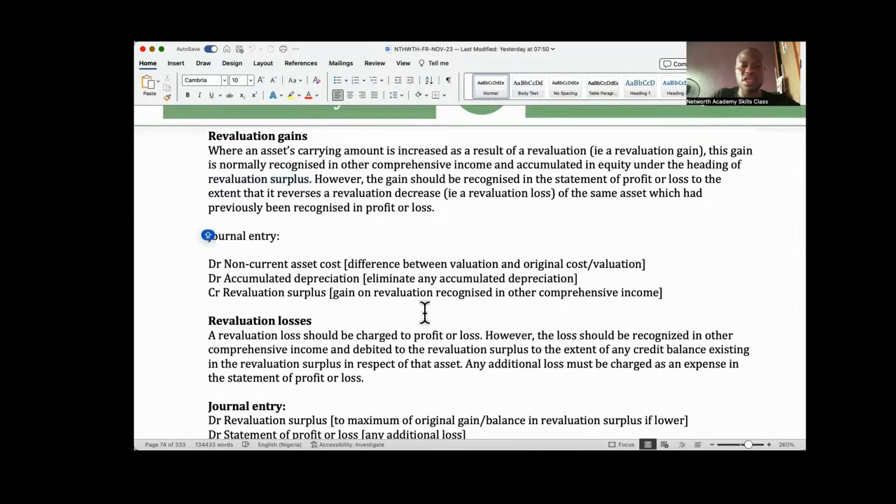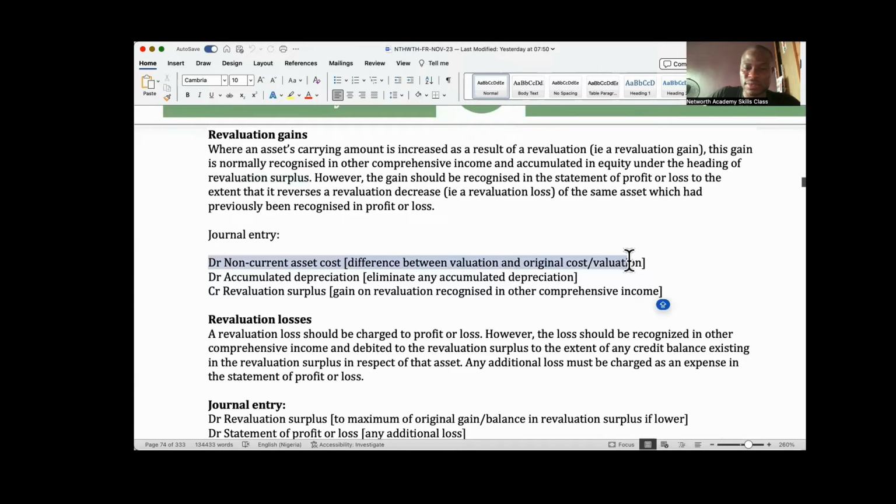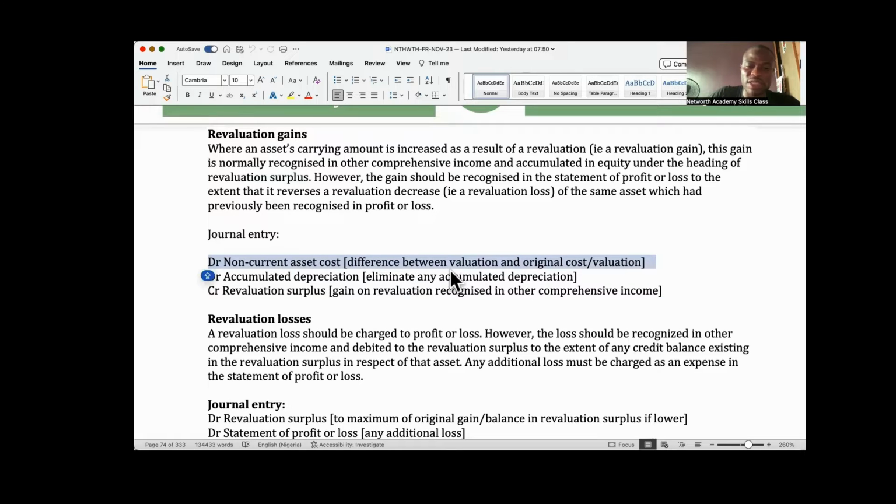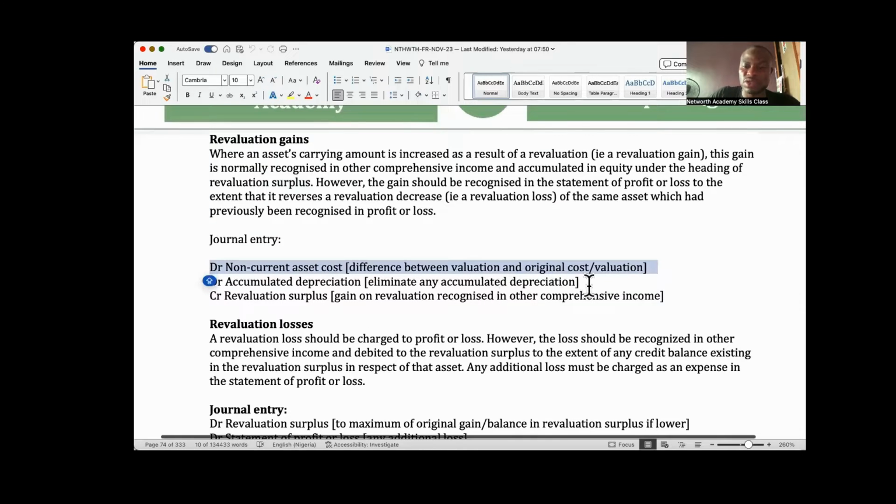So again, ordinarily, when you have a gain, first it goes to your OCI as a credit. Then the other leg is that if it's a gain, that means the value of your assets will go up. Then you debit your assets. And also don't forget to debit the accumulated depreciation.